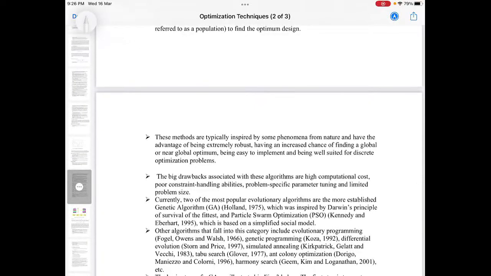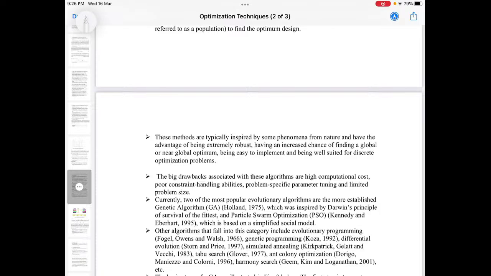These methods are typically inspired by some phenomena from nature and have the advantage of being robust, having an increased chance of finding a global or near global optimum, being easy to implement and being well suited for discrete optimization problems.